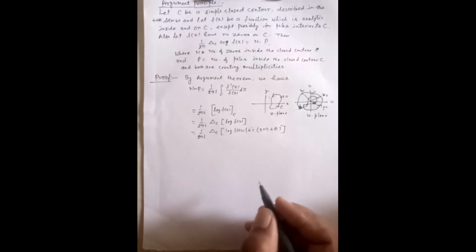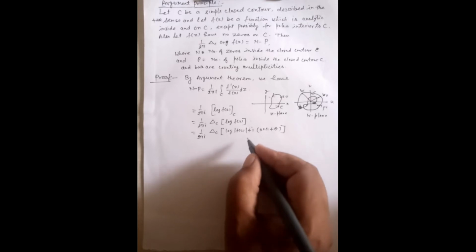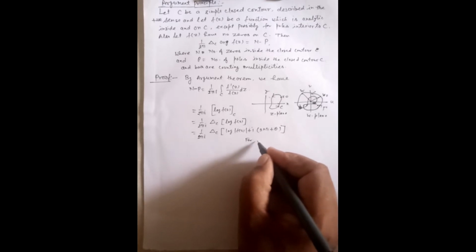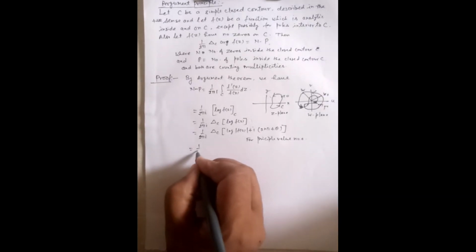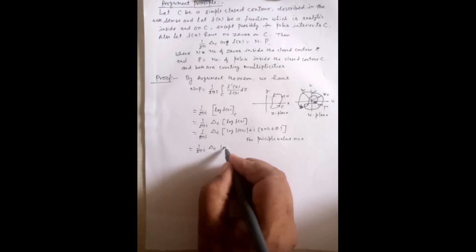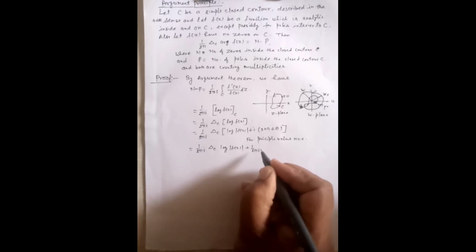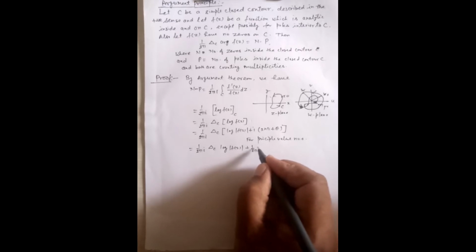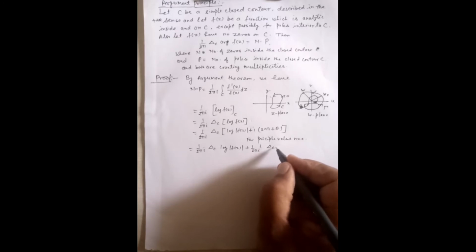For the principal argument, n is equal to 0, so we have 1 by 2 pi i delta C log of mod of f(z) plus 1 by 2 pi i, and here i delta C theta.